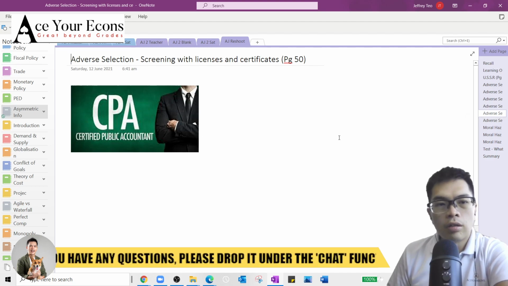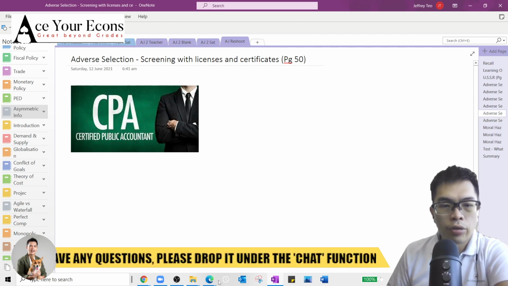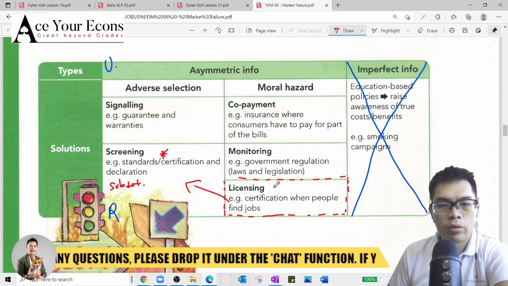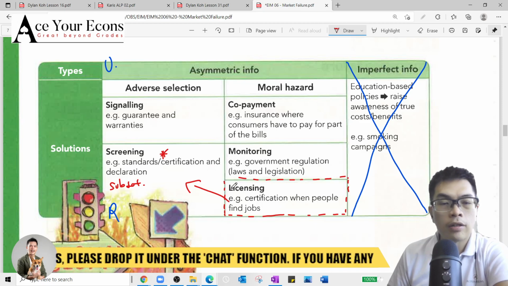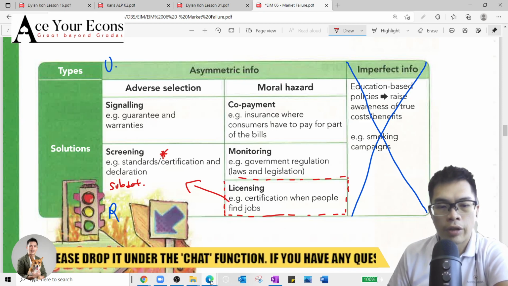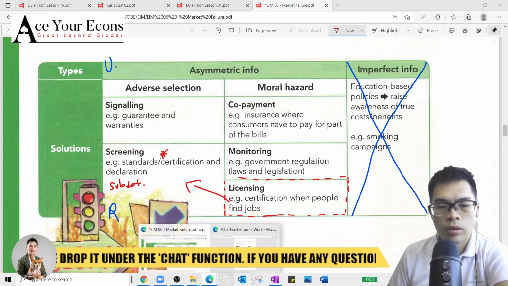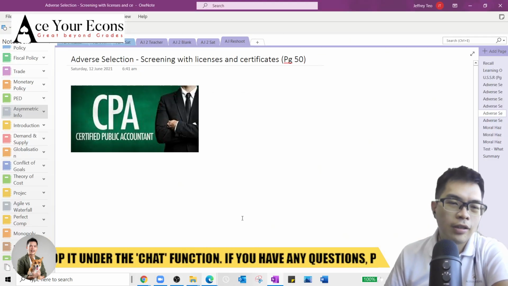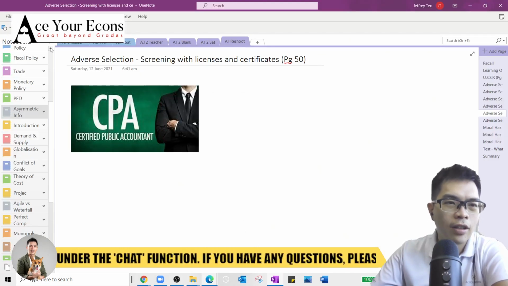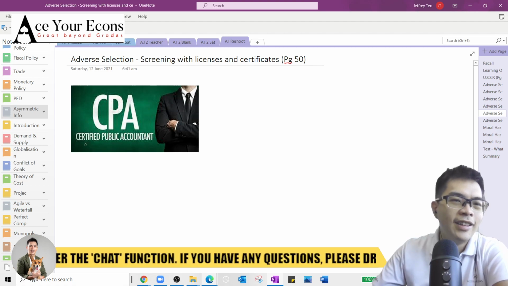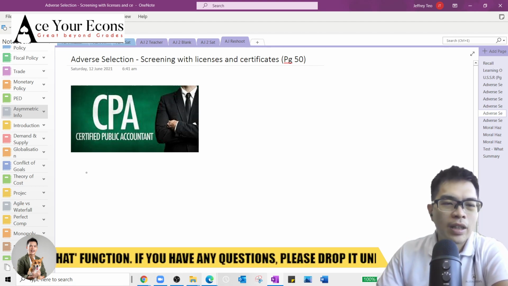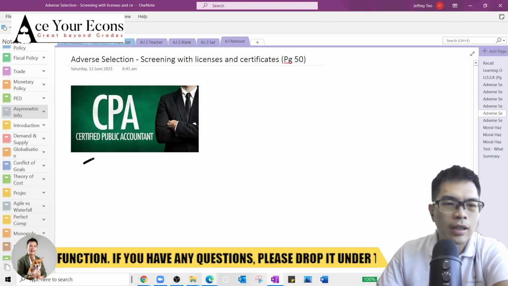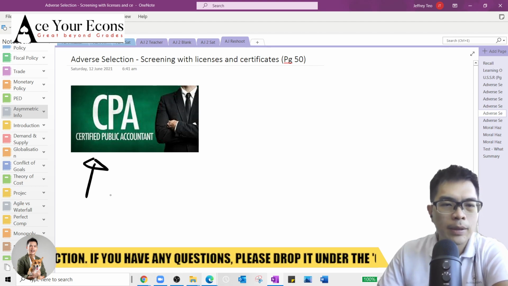The next one that I show you, remember what I mentioned: licensing and certification of people finding jobs. What kind of certifications can you get? A-level cert. Yes, A-level cert is not a very worthy signal. The example that I used was a CPA.